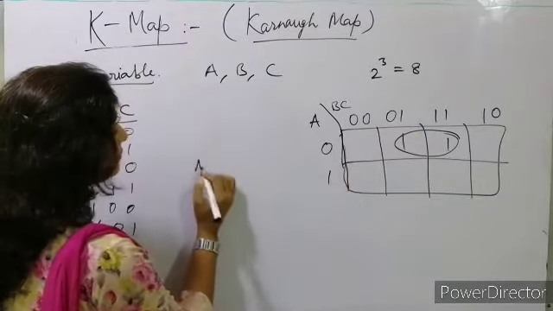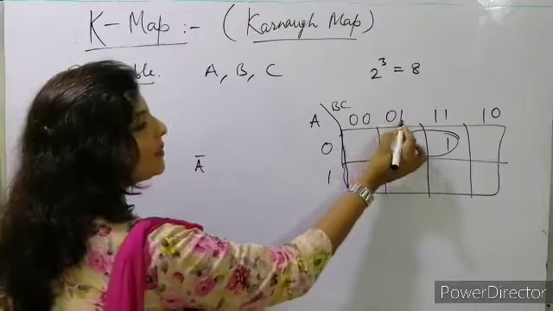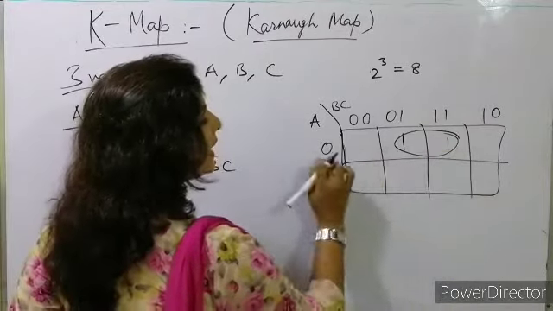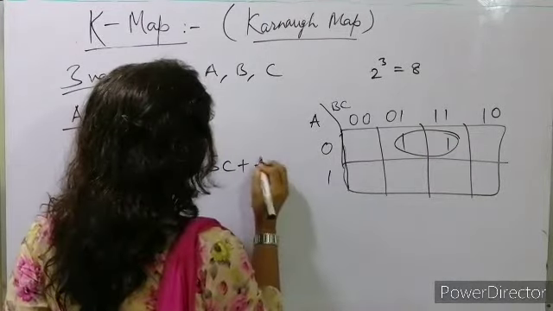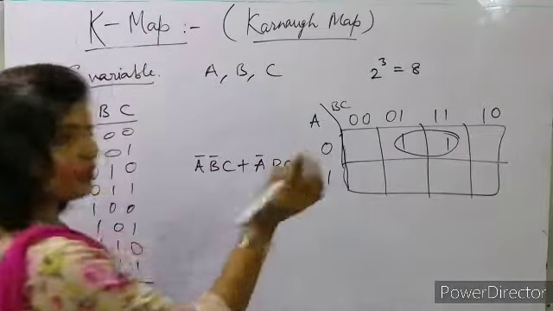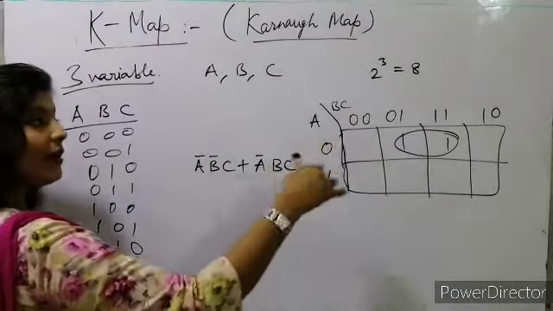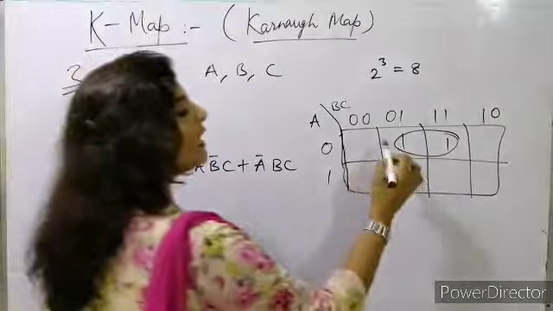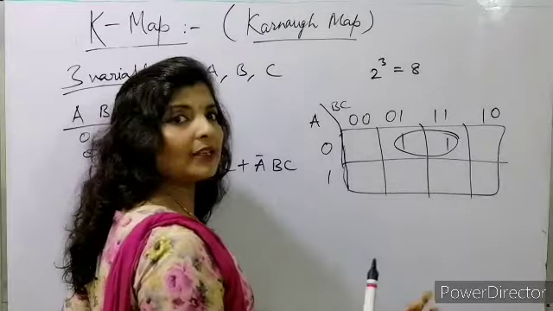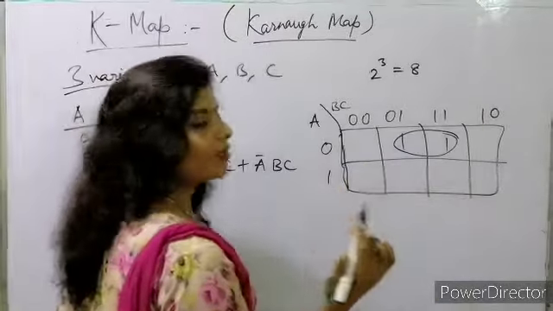A bar, this one is B bar C, and this one is A bar B C. Now you can see why we are writing this: we have to take common, we have to minimize and simplify the Boolean function.